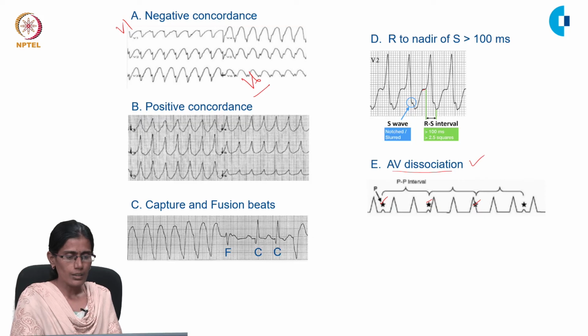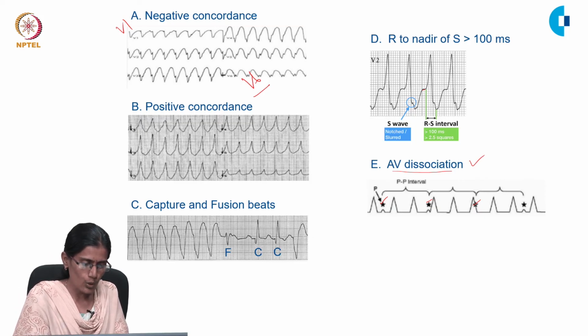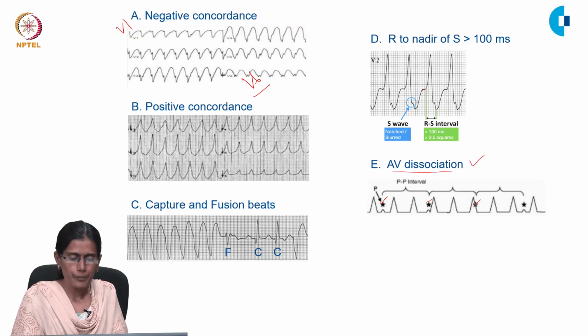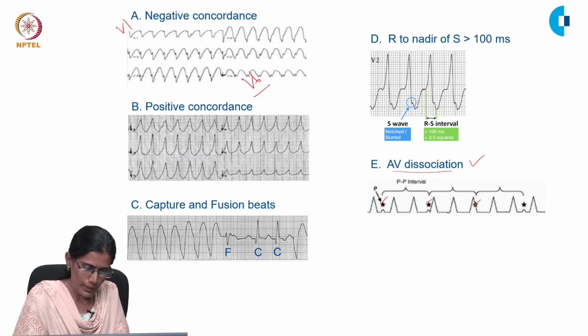And you look for capture or fusion beat. So, what is the meaning of capture beat? You compare these QRS complexes with this one. Compared to the others, this QRS complex is narrow and it is preceded by a P wave.